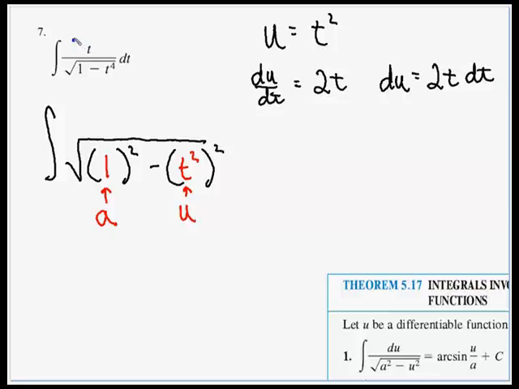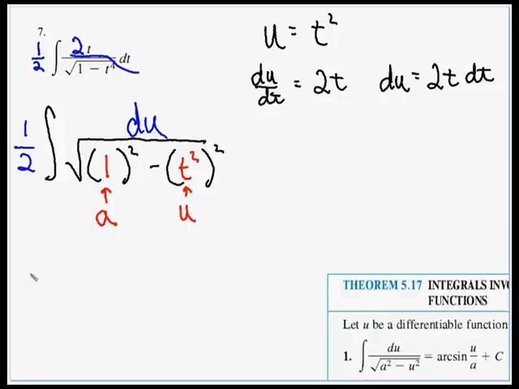So if I put a 2 here, I'd balance it out front with a 1/2. So I'd have my 1/2 out front, and then this 2t dt becomes my du. So I have du. It looks like I'm fitting the formula. I have my du up top, I have some number squared minus some function squared, and I'm ready to integrate.